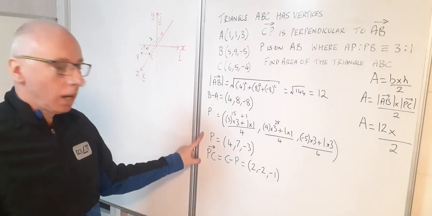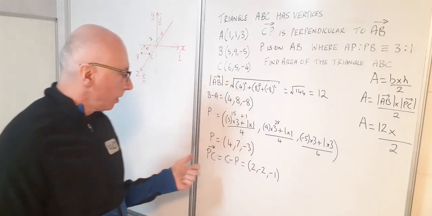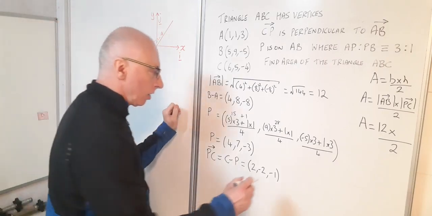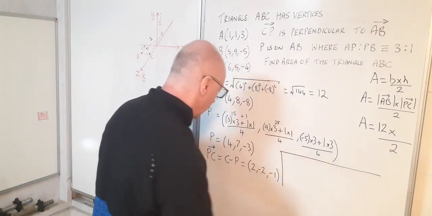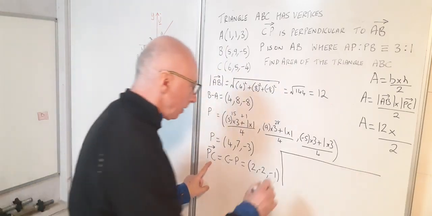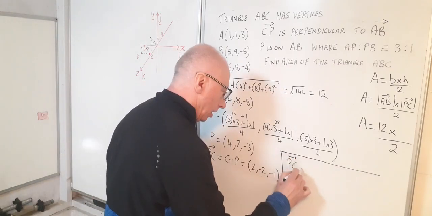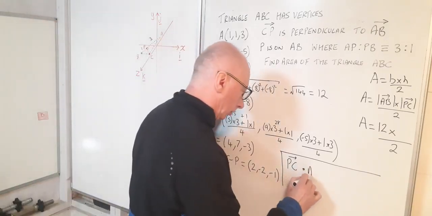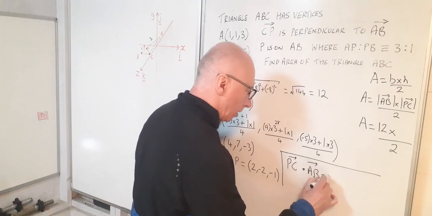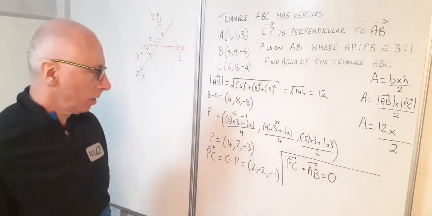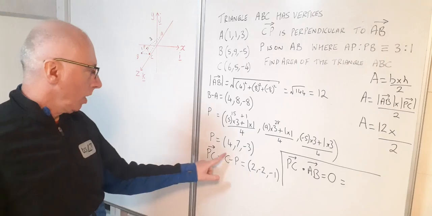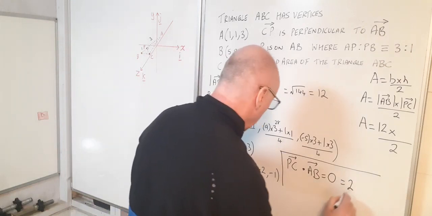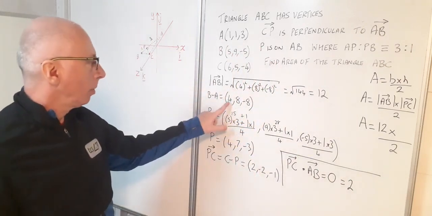Now I can use the dot product to find out if PC is actually perpendicular to AB. So if I do my test, PC dot AB, and if that's correct and it's orthogonal, it should be 0. So on PC, I've got 2, and on AB, I've got 4.